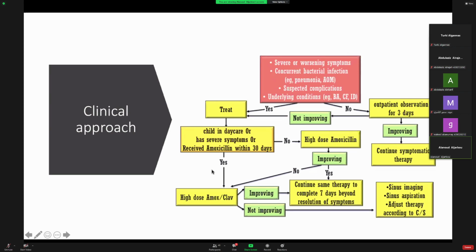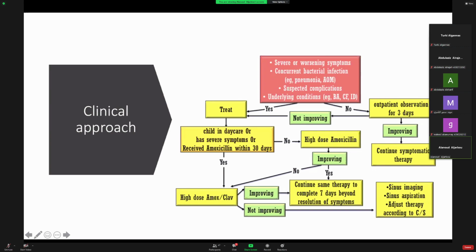We just treat if the patient presents with severe symptoms from the beginning, with a high-grade fever and purulent nasal discharge for more than 3 days, or the patient has a worsening course, or a concurrent bacterial infection like acute otitis media or pneumonia, or we suspect a complication like a brain abscess or mastoiditis, or the patient has an underlying condition like cystic fibrosis or bronchial asthma. If the patient has any one of those, we will treat the patient.